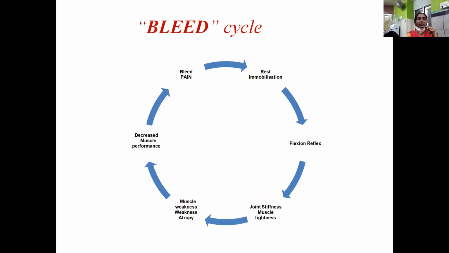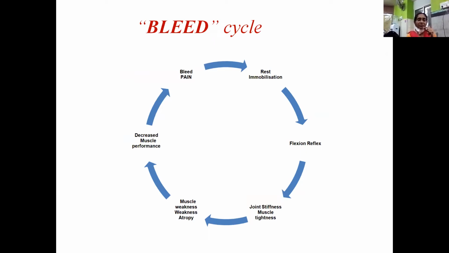So this is the hemarthrosis, and if it is left untreated, it will initiate a vicious cycle, what we call the bleed cycle. Because of the bleed and pain, the patient will keep that limb immobilized, and if left for prolonged immobilization, this will initiate a flexion reflex. Finally, the joint will develop stiffness and the muscle will develop tightness.